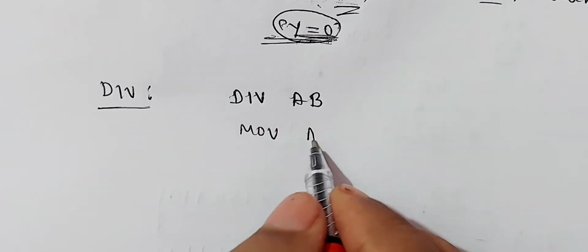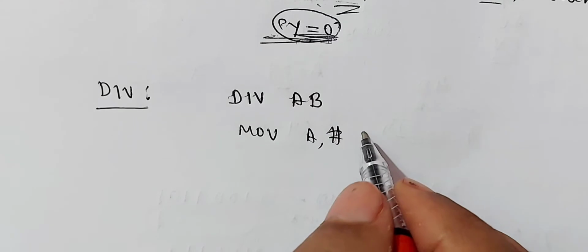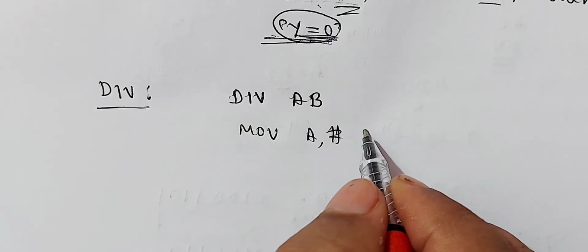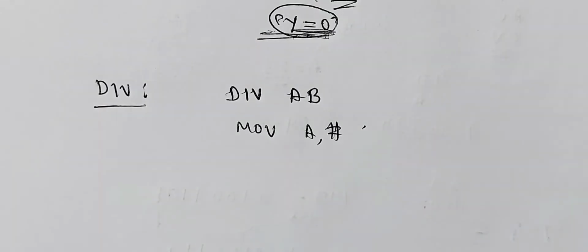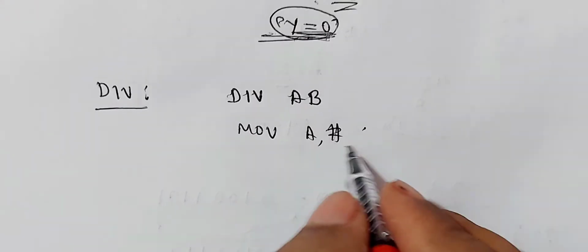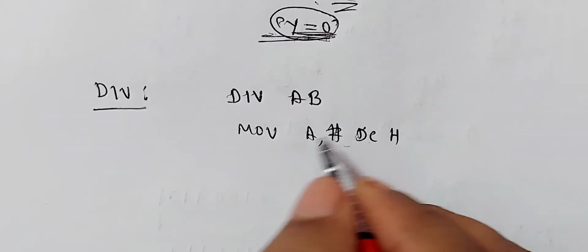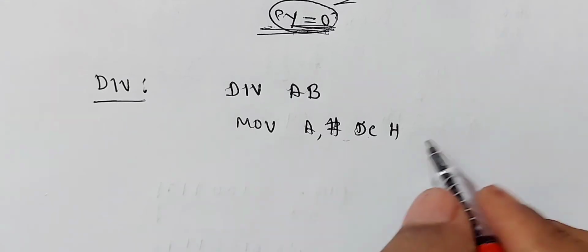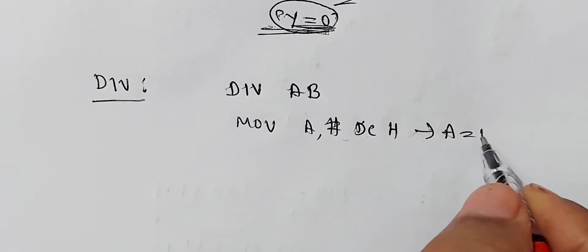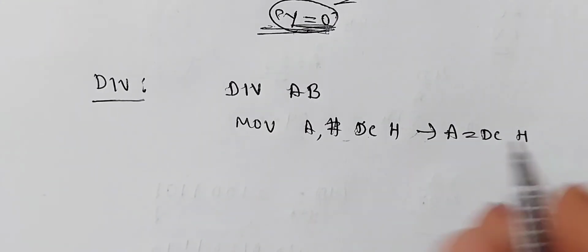I will take an example for division. You can take any value you want. I will load DCH to the register A, MOV A, #0DCH. This implies that A contains the DC hexadecimal number.